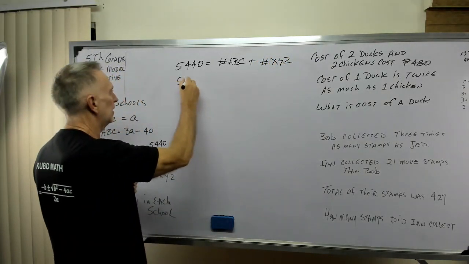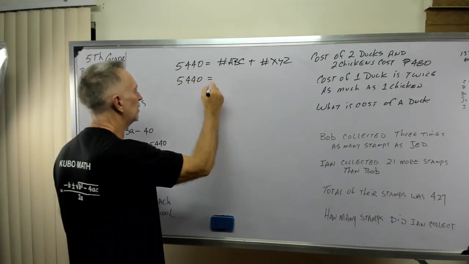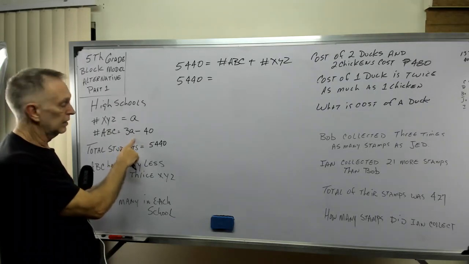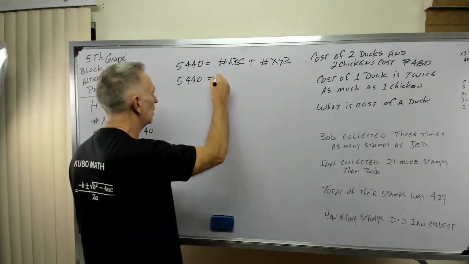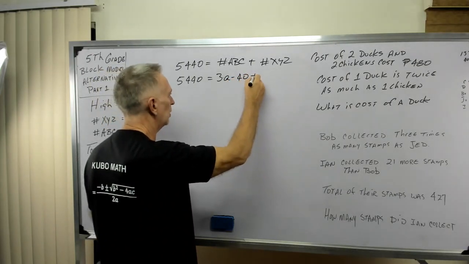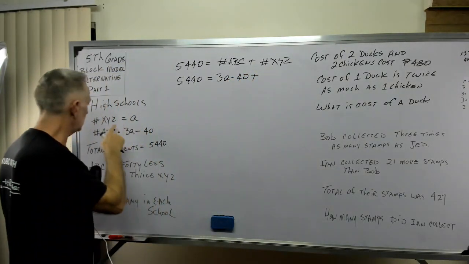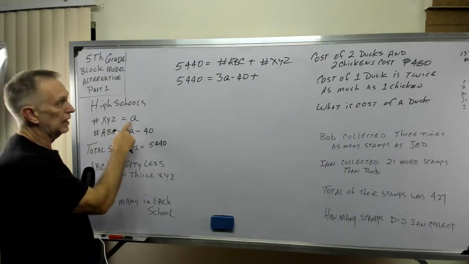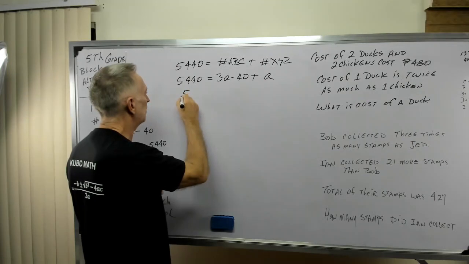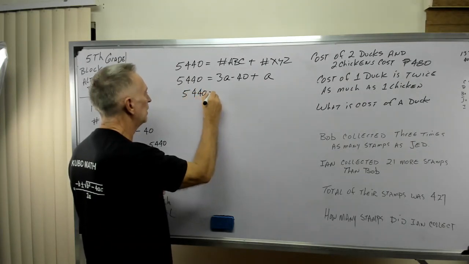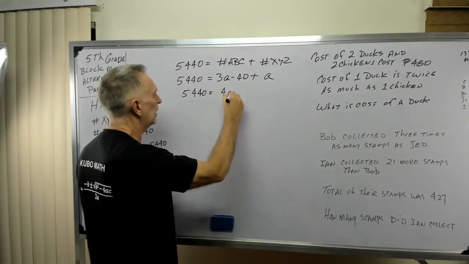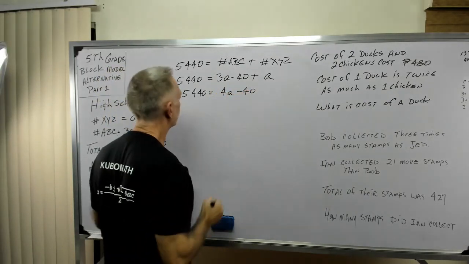Well, 5,440 equals the number in ABC, which was 3 times A minus 40, so 3A minus 40, plus the number in XYZ, which we said was A, plus A. Okay, so 5,440 equals 3A plus 1A, that's 4A minus 40.